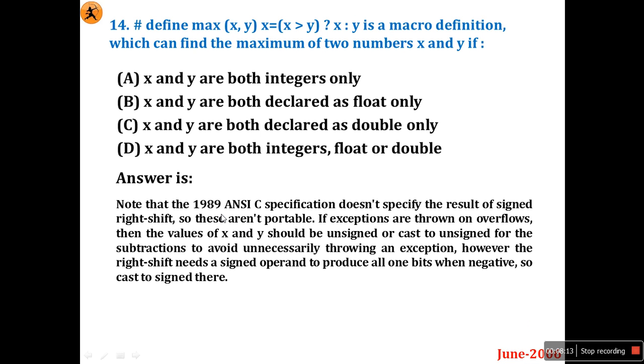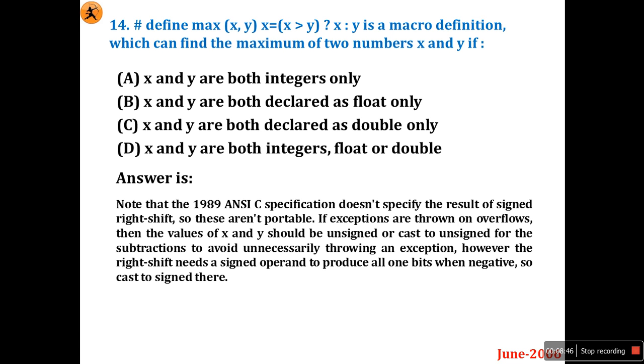Note that the 1989 ANSI specification does not specify the result of a signed right shift, so these are not portable. If exceptions are thrown on overflow, then the values of x and y should be unsigned or cast to unsigned for the subtraction. To avoid unnecessarily throwing an exception, however, the right shift needs to be a signed operation to produce all 1 bits when negative.